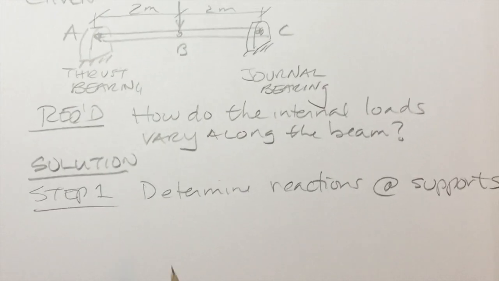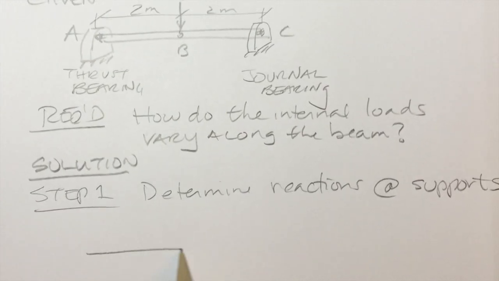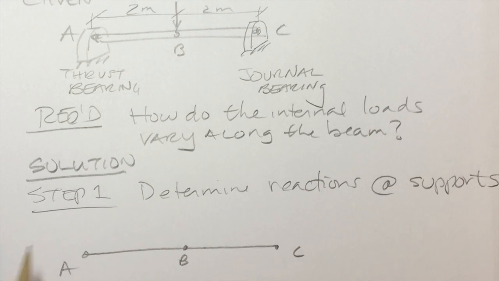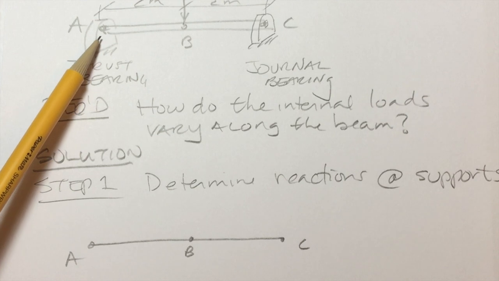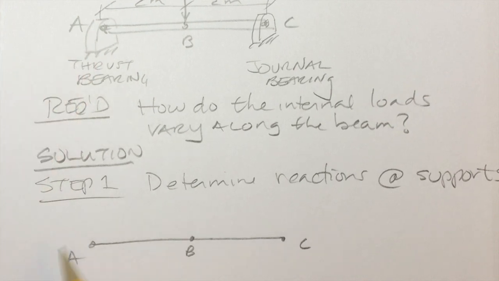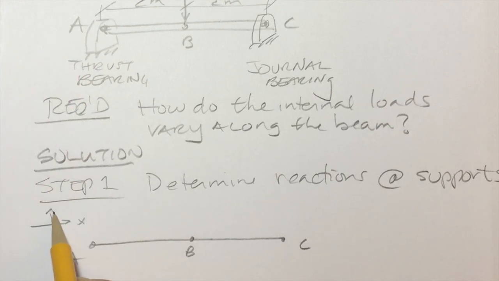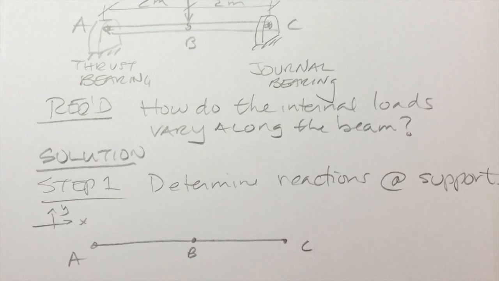So there's my beam. It's idealized. Here's point B, point C. So this thrust bearing prevents the beam from translating in the X and Y direction. We'll use that coordinate system.